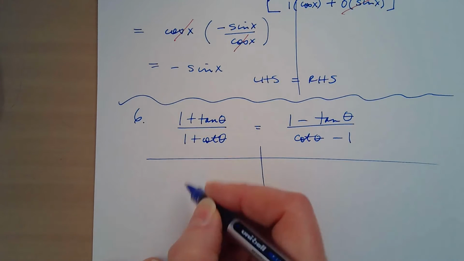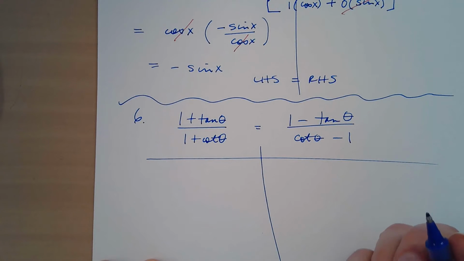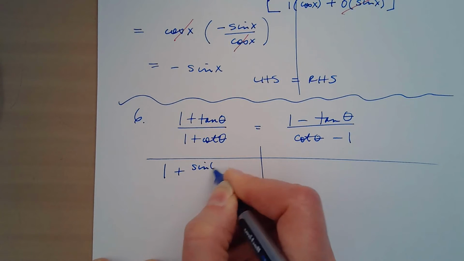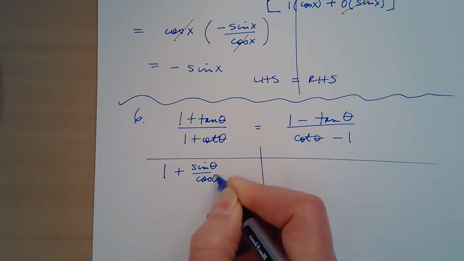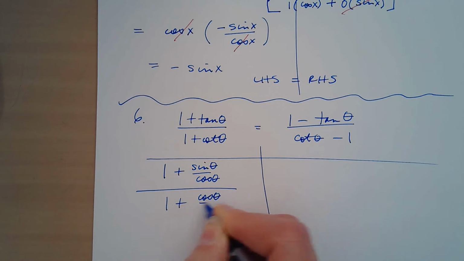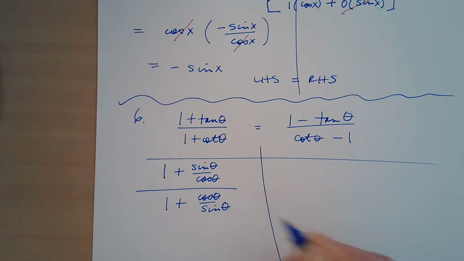Then I would think of this. I'll start left-hand side, I guess. It probably doesn't really matter. Let me start left side. Okay, then what did you do? Did you combine fractions?